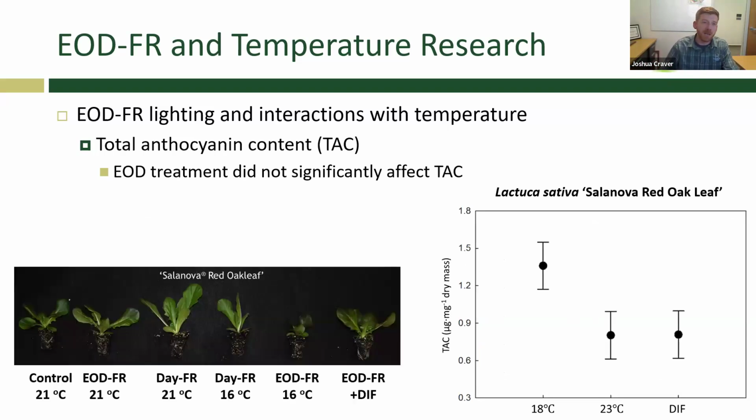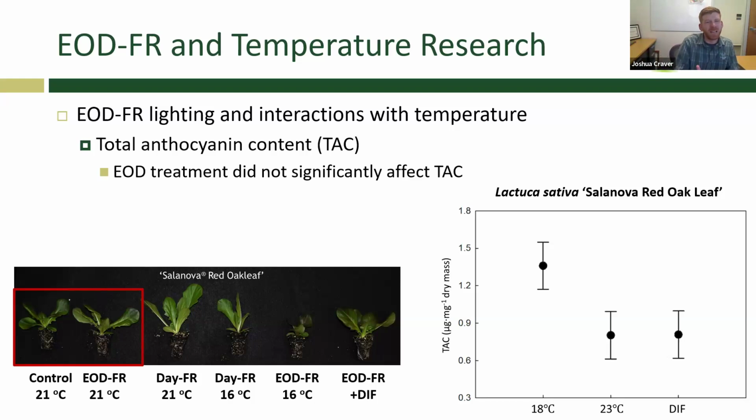And so to help drive that point home, if we go back and look at this figure that we were talking about earlier, we can see some of the characteristics that we would normally expect in terms of an application of far red and potential impacts on pigmentation. Here you can see a control compared to end-of-day far red. There have been some studies that have shown end-of-day far red can reduce pigmentation, specifically anthocyanins in crops like lettuce.